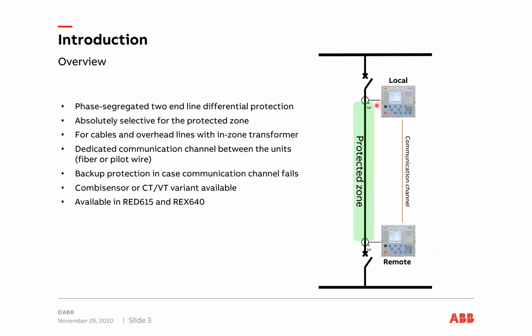And since line differential protection only operates for faults inside the protected zone, we say it's also absolutely selective. We can use line differential for cables or overhead lines, and we can also include in-zone transformers inside the protected zone. The communication channel between the local and remote line differential relay can either be optical fiber or galvanic pilot wire.